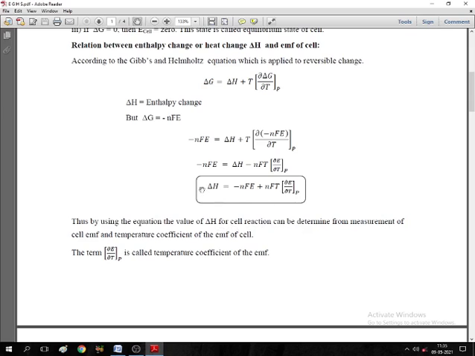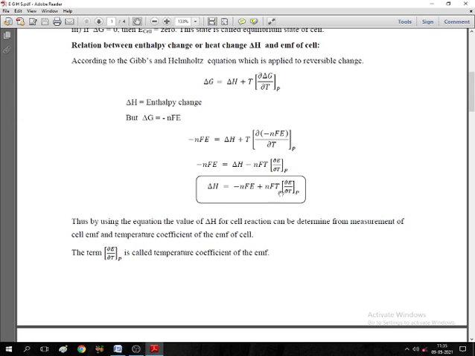If you want to find the enthalpy change in a cell reaction, it can be determined by using the EMF of the cell. If the EMF of the cell is known, you can calculate it. Now this is a term which is called the temperature coefficient of the EMF. That means if you know E and the temperature coefficient of EMF for the cell, then you can calculate the enthalpy change.